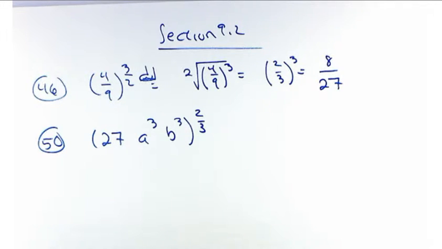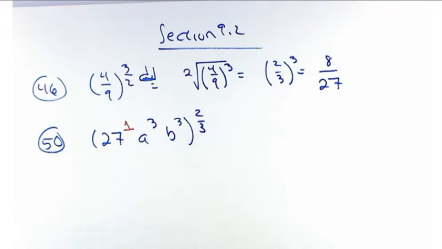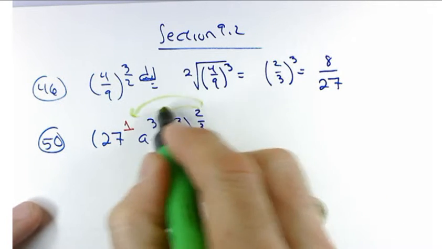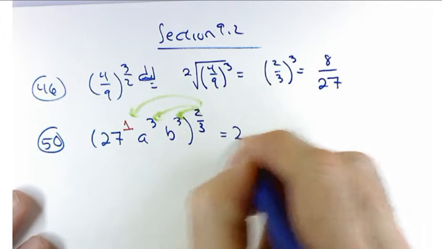So the one thing we got to be careful of is remembering that that's 27 to the first power. So this exponent on the outside multiplies each of those. So I get 27 to the 2/3 power.